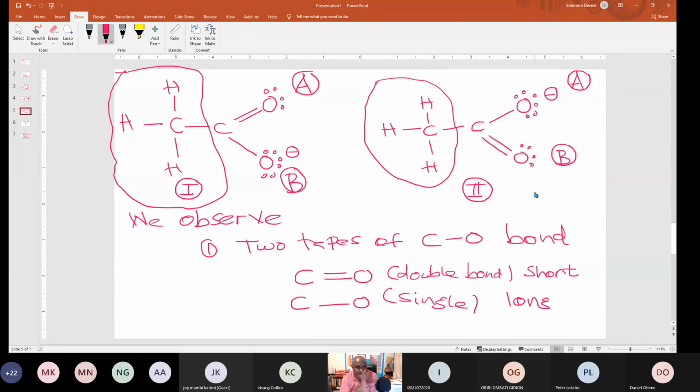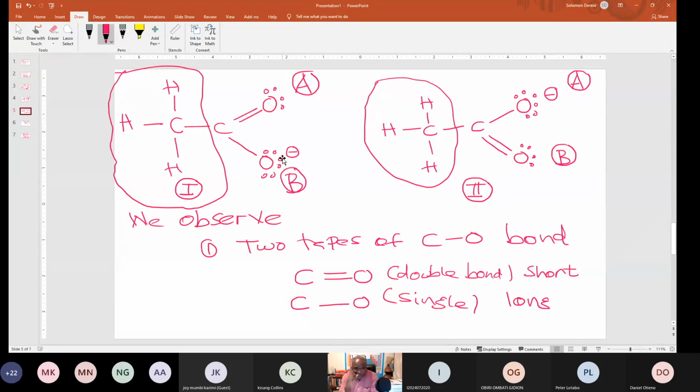But experimentally, it has been found that the length of this carbon-oxygen double bond and this carbon-oxygen single bond are the same. The experiment is also telling us the charges on both oxygens are the same, and both of them have some negative charge.